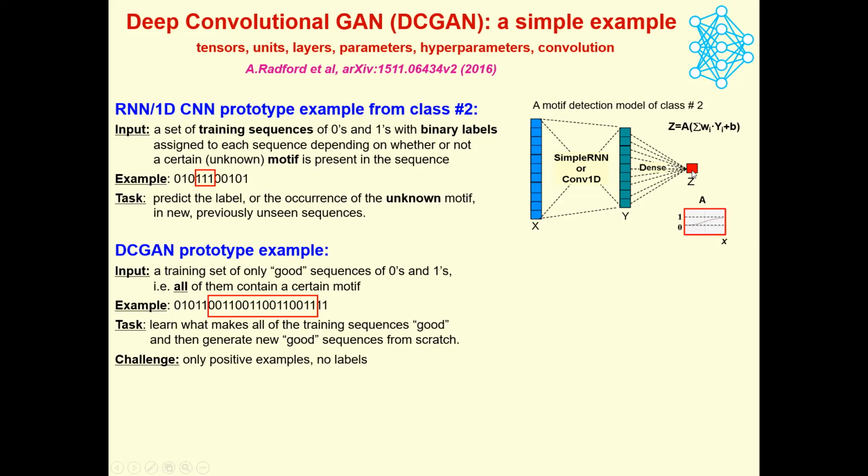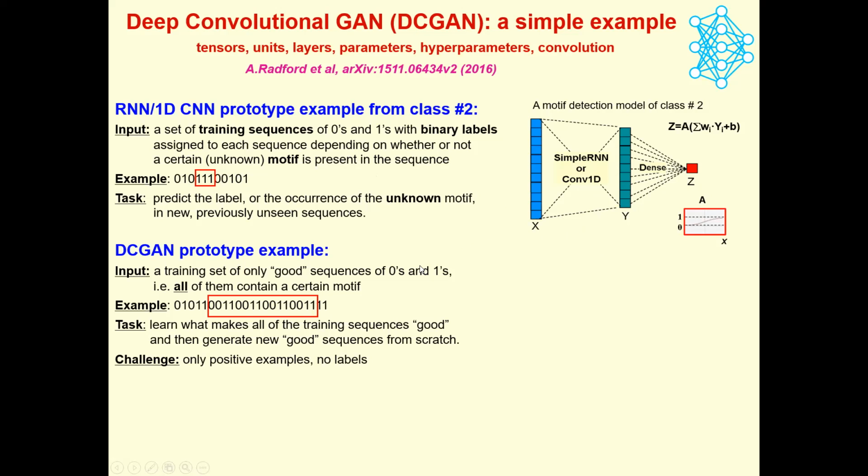So the value may be between 0 and 1, maybe rounded to 0 or rounded to 1. If it's rounded to 1, that means the label is 1 for the sequence, so the motif is present. If the value is 0, then there is no motif in the sequence.